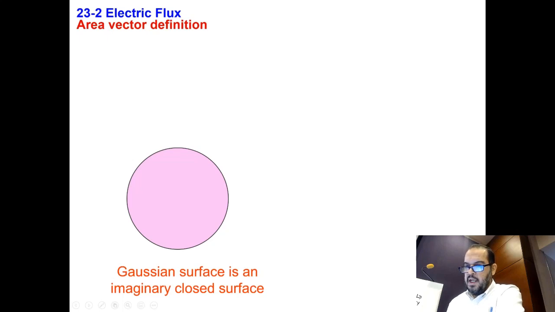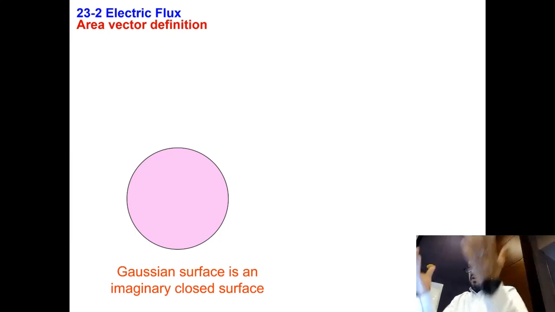Okay, let me define an area vector. Let's assume we have a closed surface. In this chapter we will speak about closed surfaces, and we will call them Gaussian surfaces, and you will see why we call them Gaussian, because Friedrich Gauss used these surfaces in order to determine the electric field due to uniform charge distribution.